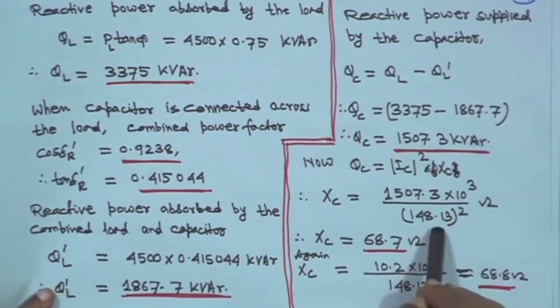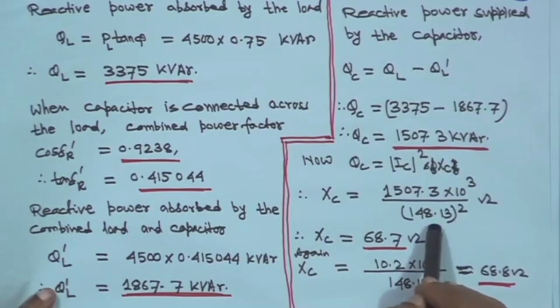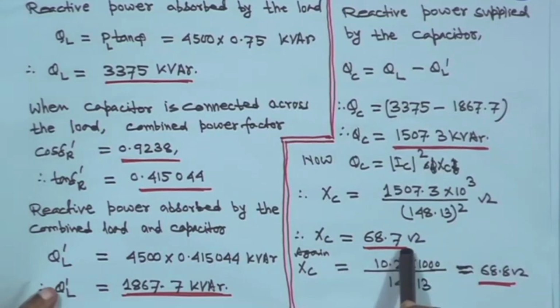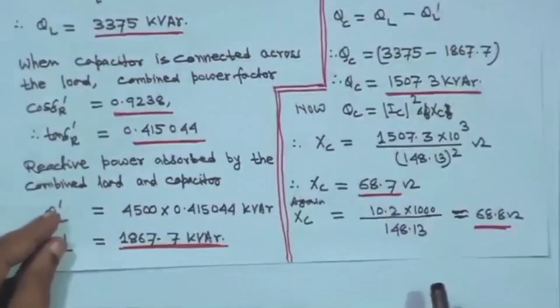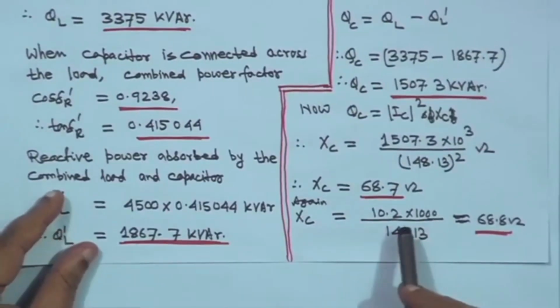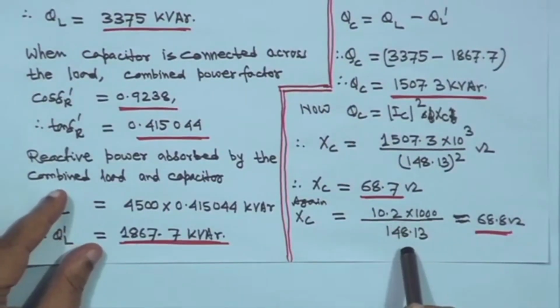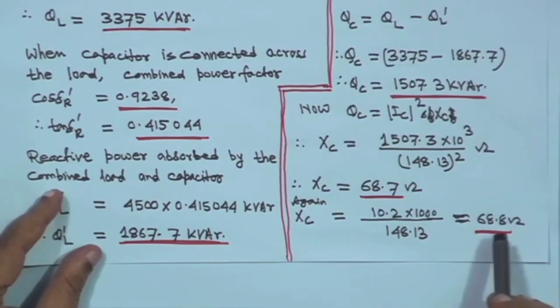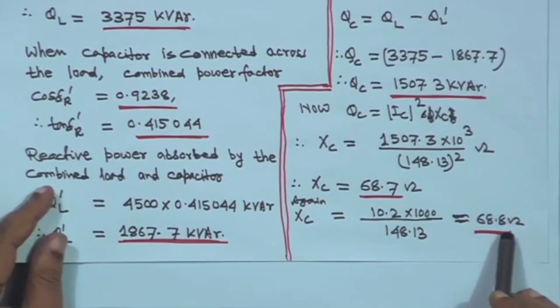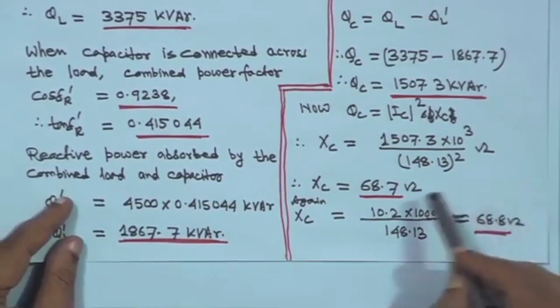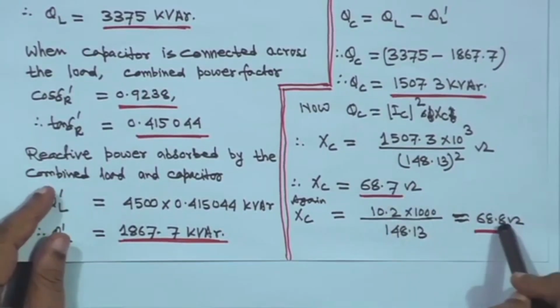So IC is that 148.13 magnitude. So XC is equal to 68.7 ohm. Again XC is equal to VR upon IC, this is 68.8 ohm. The difference is here it is 0.7, 0.8, 0.1 ohm. Thank you. I am coming to the next.